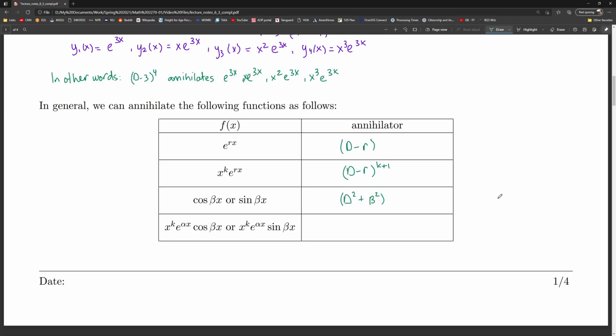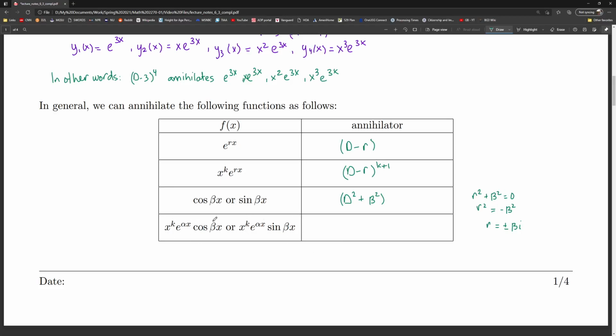So again, if you think of that in terms of the auxiliary equation, that gives you r squared plus beta squared equals 0, and then r squared equals negative beta squared. Because this is a negative number for any beta, you then get r equals plus or minus beta i as the solution there. So that's the annihilator for cosine or sine.